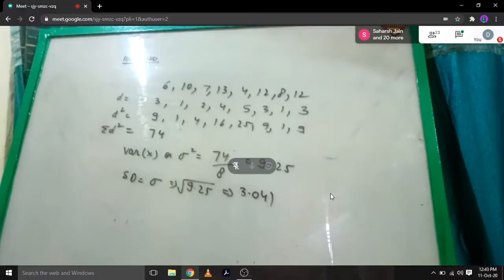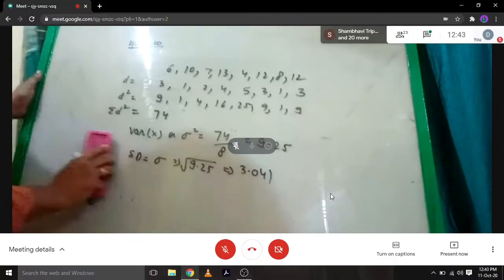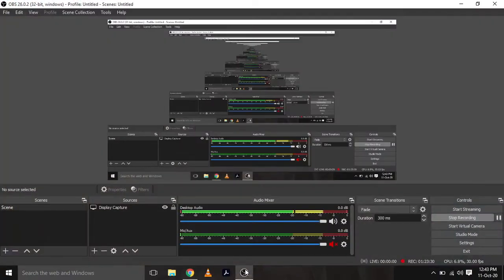Standard deviation equals to, when I say standard deviation, we know we talk about the variance also. This was the simple formula.